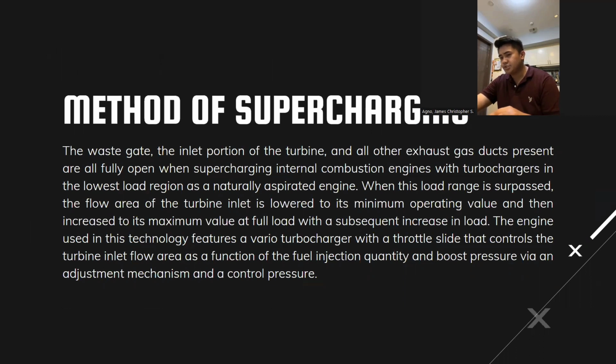When this load range is surpassed, the flow area of the turbine inlet is lowered to its minimum operating value and increased to its maximum value at full load with subsequent increase in load. The engine used in this technology features a variable turbocharger with a throttle slide that controls the turbine inlet flow area as a function of the fuel injection quantity and boost pressure via an adjustment mechanism and a control pressure.